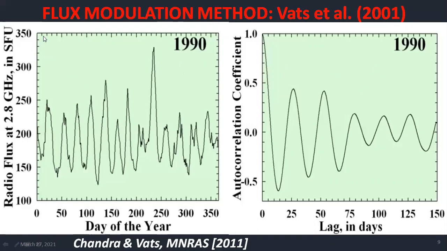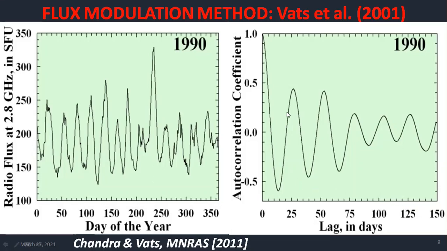The left panel shows the temporal variation of radio flux at 2.8 gigahertz for the year 1990. Here we can see several peaks in the flux. These peaks show the periodicity in the rotation. The right panel shows the corresponding autocorrelogram up to a lag of 150 days.